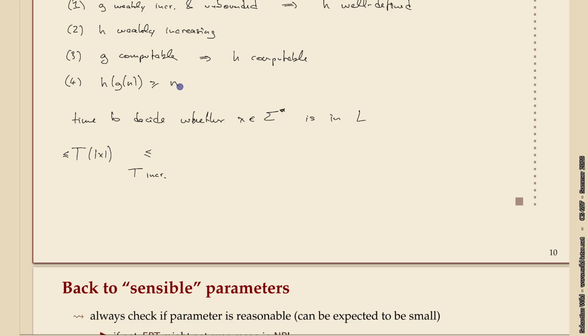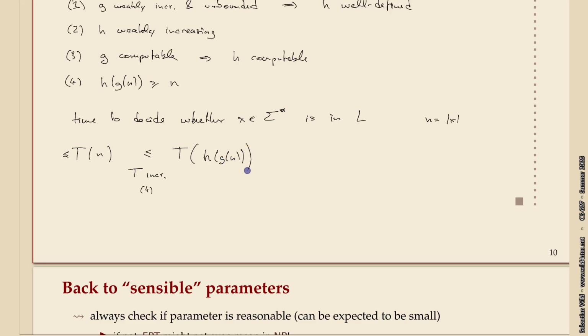And so we use this and condition 4 to replace the size of x by n. And this becomes even more obvious.